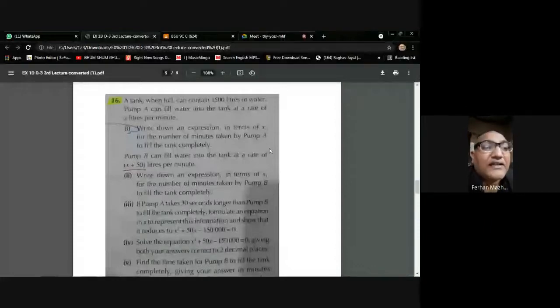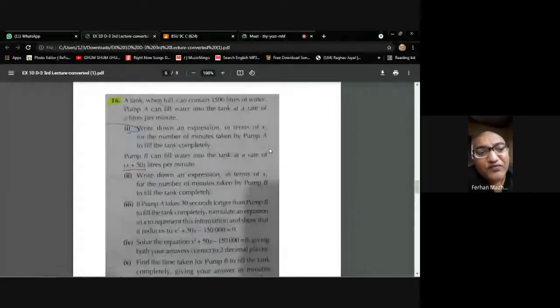Then he says pump B can fill the water into the tank at a rate of x plus 50 liters per minute. Now he's talking about another pump, pump B, and it has to fill the same tank. So the volume is 1500 liters, and the rate of flow of pump B is x plus 50 liters per minute.